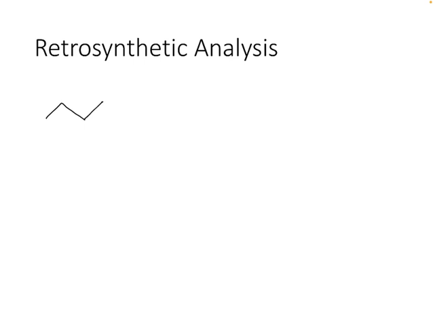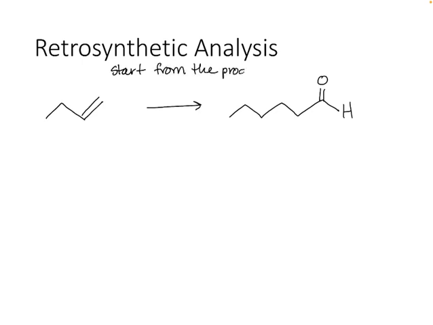So let's say we're starting with an alkene, and we want to end up with an aldehyde. All right, so let's start from the product. And if you want to pause the video and try this on your own first, you can. And then when you unpause, we'll go over it together.